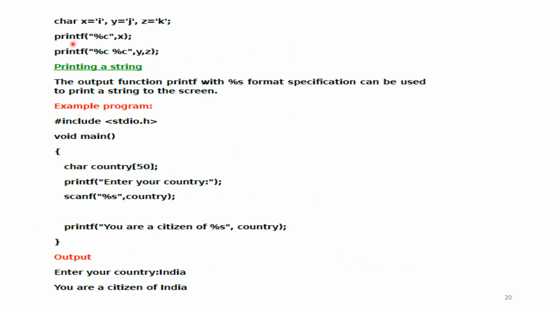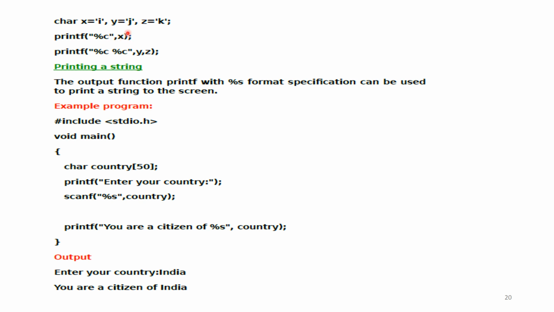In this slide, some code segments are given. Here, three variables x, y, and z are declared as character data types, and inside this printf function you can see the format specifier for the variable x is mentioned.